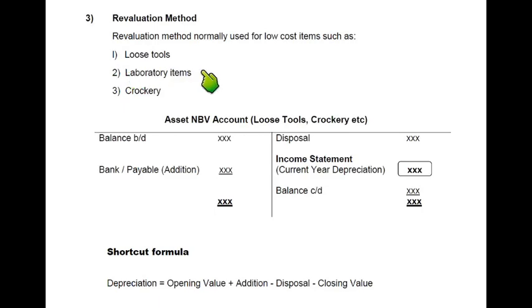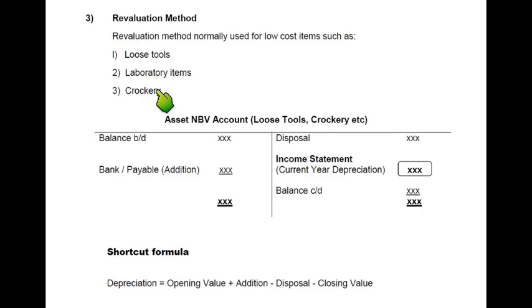After loose tools we have some other assets such as laboratory items. Laboratory items are also charged with the revaluation method, for example in a laboratory where we go for a blood test, or the small items that are used by the chemist or lab assistants. And then crockery: if we go to a restaurant for dining, the crockery and the plates, the spoons, the forks, the glasses, the jugs, these are all assets.